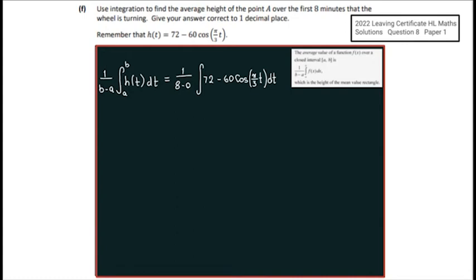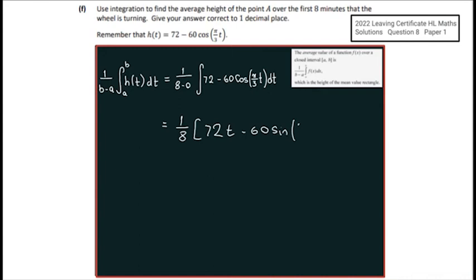So let's substitute in our function and evaluate our integral. So we're going to get 1 over 8. Let's integrate this. So 72 becomes 72t, and minus cos of pi over 3 t will become minus 60. The cos will go to sine, as we've seen earlier, page 26 of your log tables.